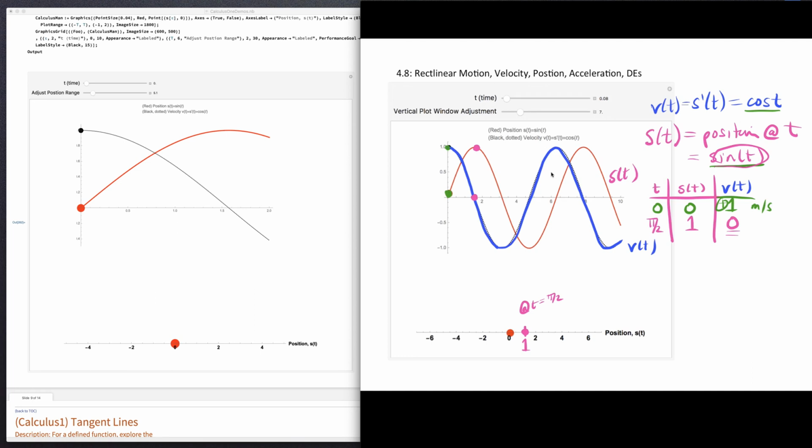When t is equal to pi, so about 3.14, the position is sine of pi, which is 0 again, and the velocity is the cosine of pi, which is -1. So at t equals pi seconds, we are back at position 0, but our velocity is negative, which means that we are traveling back to the left.